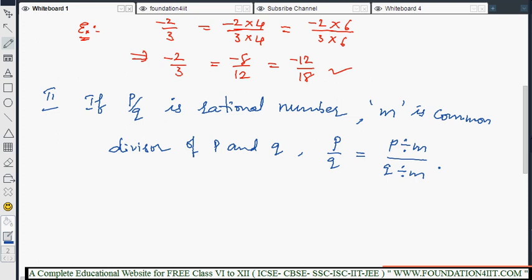If it is a common divisor, it means p and q are divisible by m. I'll give you examples to understand clearly.